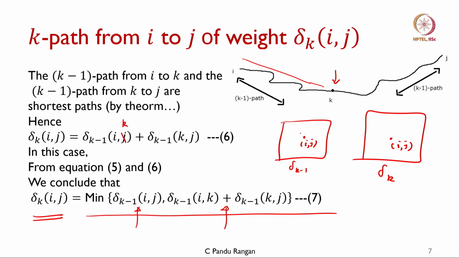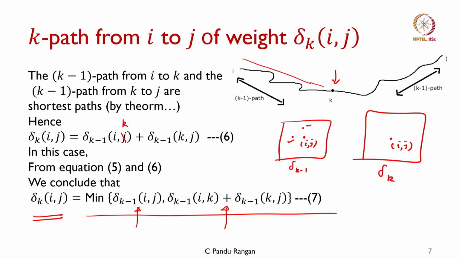Let us say k is less than j, then ik will be somewhere here, kj will be somewhere here. So, just look at these three values, that is all. We are not going to look at anything else. So, to compute delta ik, one addition and one comparison, that is it.